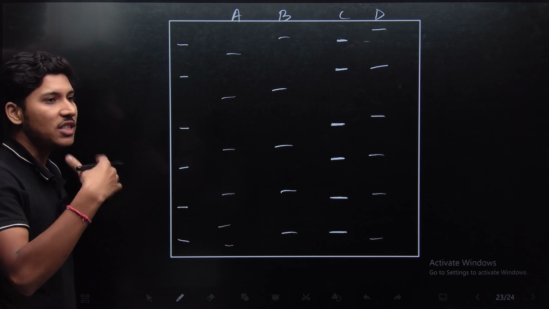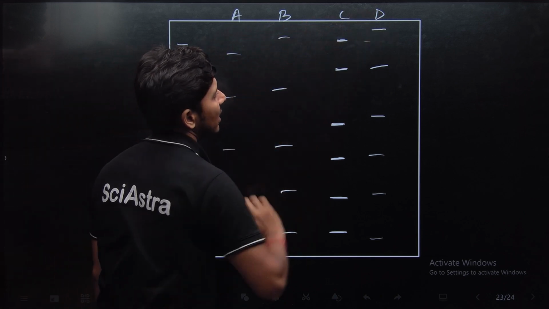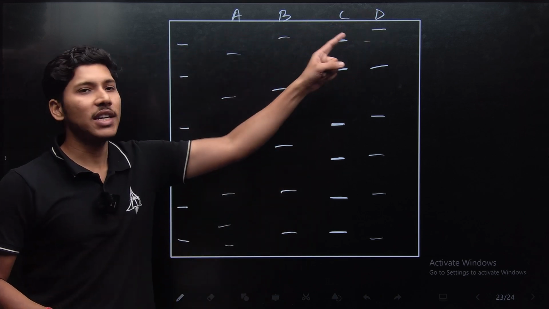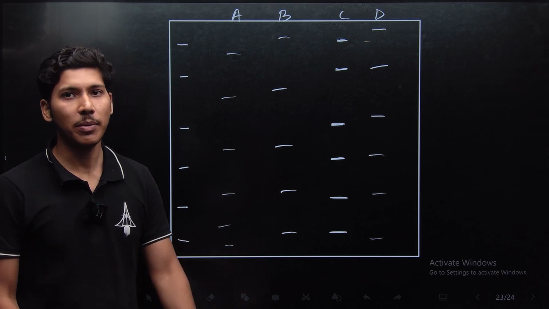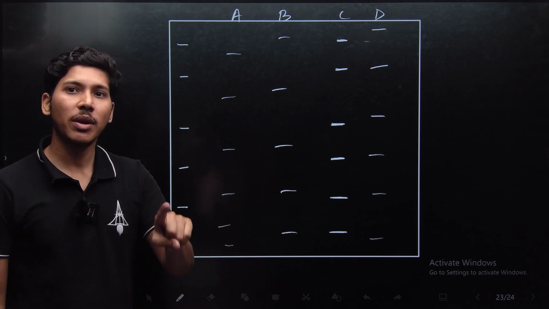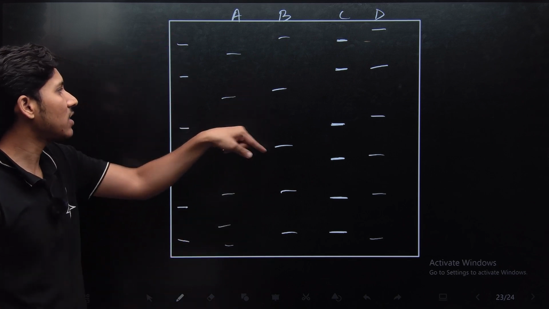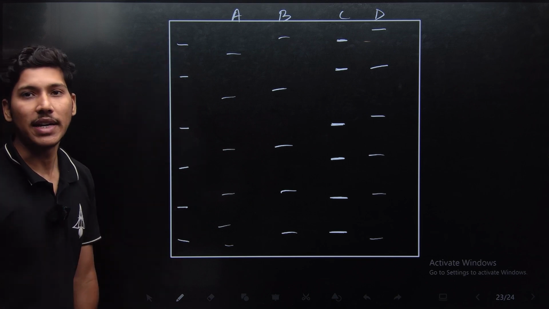We suspected A, B, C, D. Among these A, B, C, D, one of them is the criminal. And the person who is the criminal, his bands will coincide with all these bands.